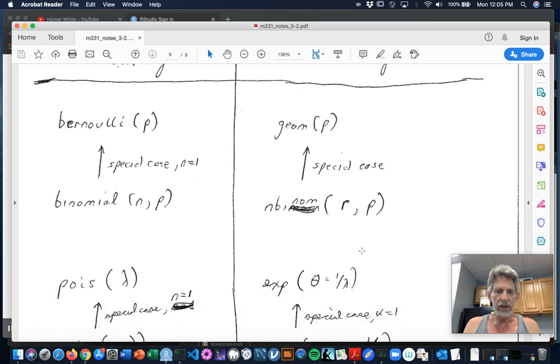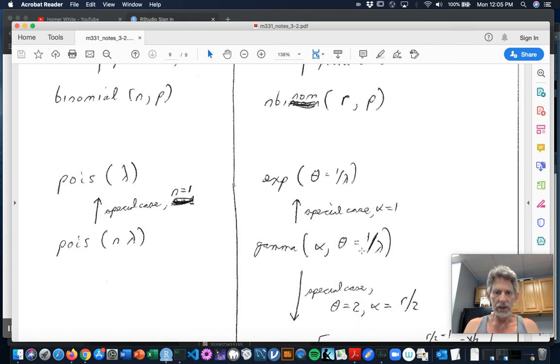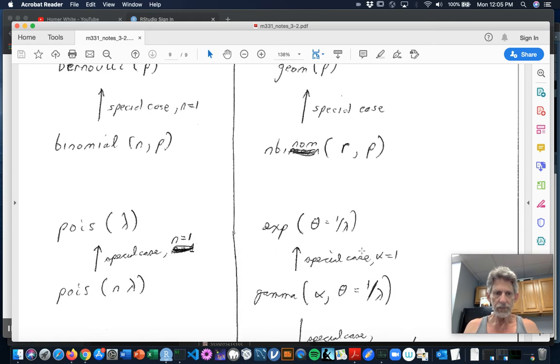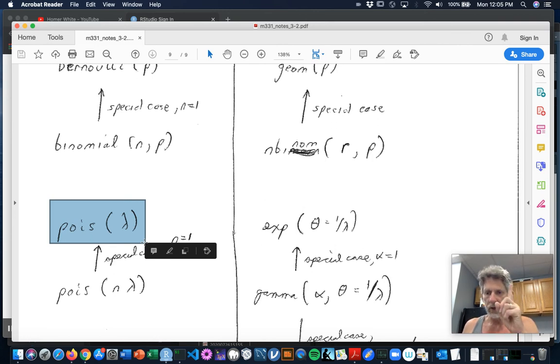But now we can kind of add some more to the list here. So we've got a counting random variable, Poisson, that counts how many events occur in one unit of time where the rate of the process is lambda events per unit time on average.